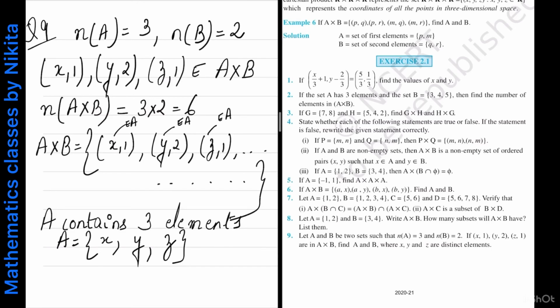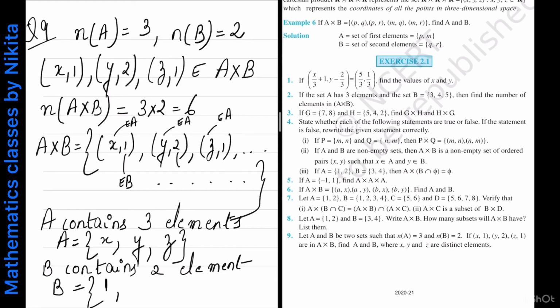Now it is given that B contains 2 elements. Therefore B is equal to, now what is B? B is the set of all second elements. So ये जो आपका 1 है ये कहाँ आएगा? belong to B. तो ये मैंने B के अंदर डाल दिया. ये 2 कहाँ आएगा?